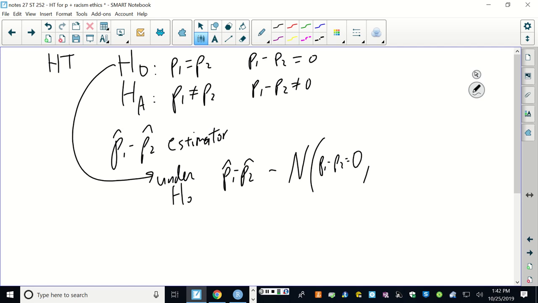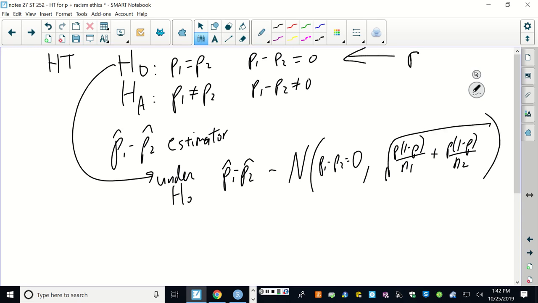And we could write the variance as P1, 1 minus P1 over N1 plus P2, 1 minus P2 over N2. But they're equal, right? So let's call that P. So it's P, 1 minus P over N1 plus P, 1 minus P over N2. Right? So that's not the p value in the other sense of p value. This is the value of p, right?